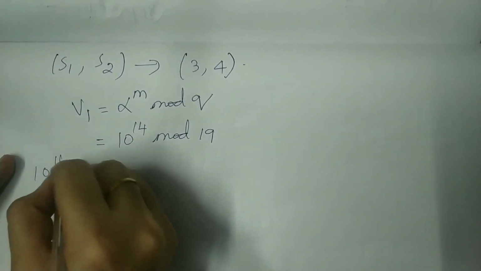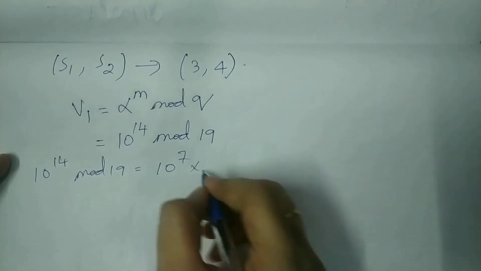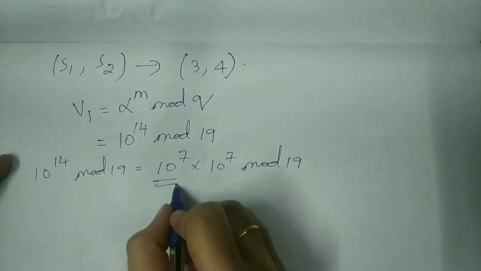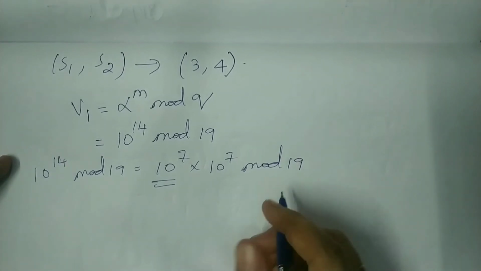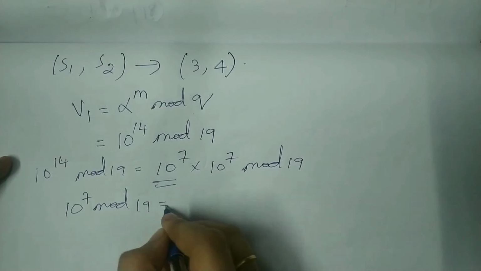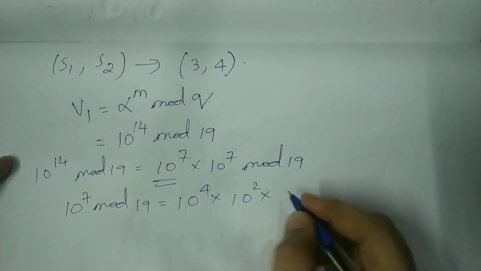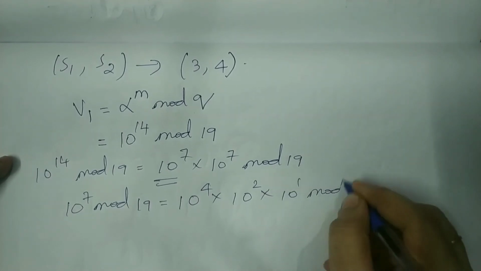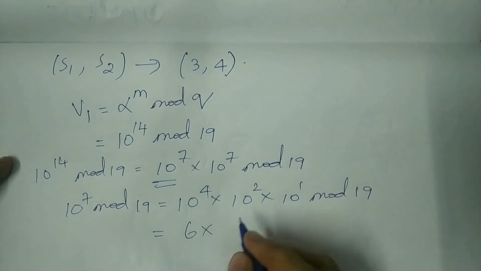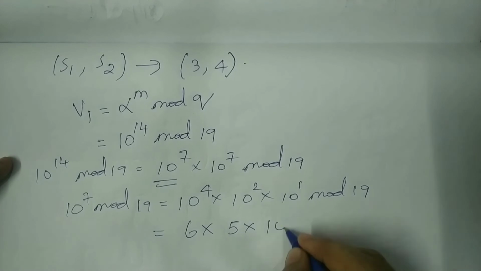I can write 10 power 14 mod 19 as 10 to the power 7 into 10 to the power 7 mod 19. We don't know the value of 10 to the power 7 mod 19, so first we need to find it. We can write it as 10 to the power 4 into 10 square into 10 to the power 1 mod 19. We found that 10 power 4 mod 19 is 6, 10 square mod 19 is 5, and 10 mod 19 is 10.